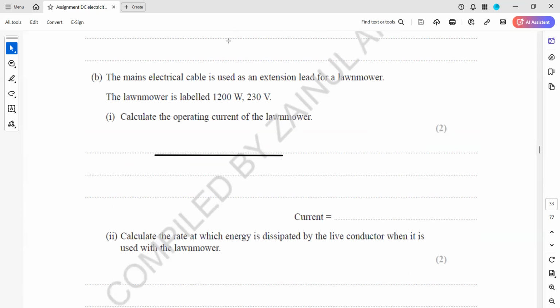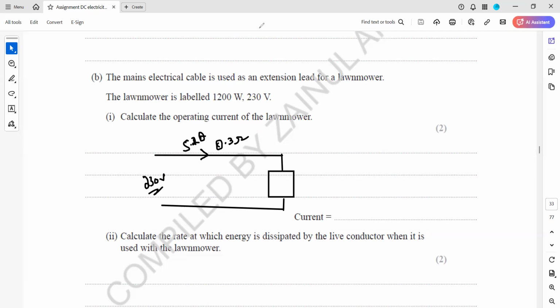And then we have a lawn mower, and it is connected to the main supply of 230. This wire has a resistance of 0.3 ohm, and the current which is passing through the wire is 5.2 ampere.